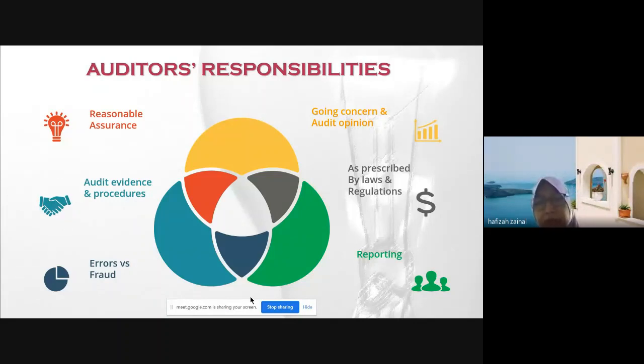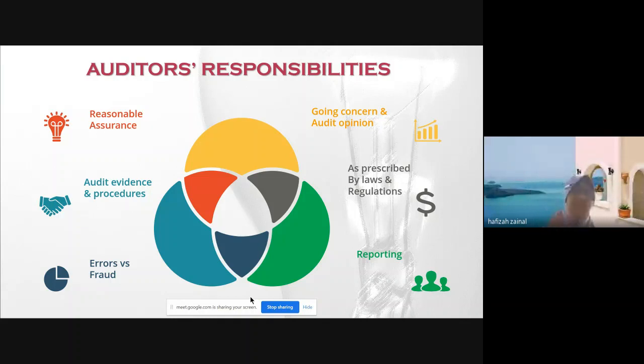Okay, about the going concern and audit opinion. Just now, the client assessed their status of going concern. As an auditor, we also assess, because it is one of the mandatory requirements under ISA 700. If you believe that it is okay, then no particular disclosure is required.